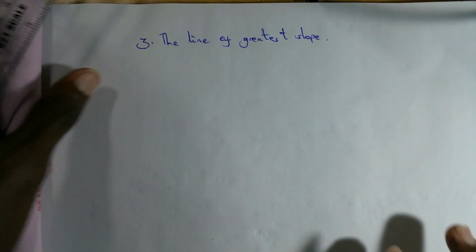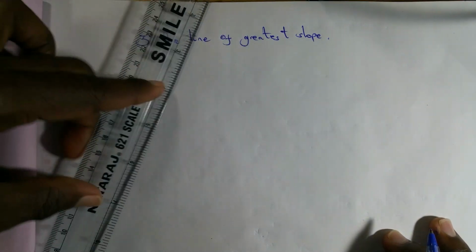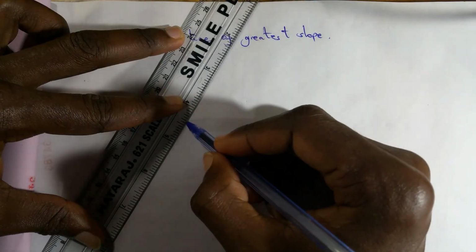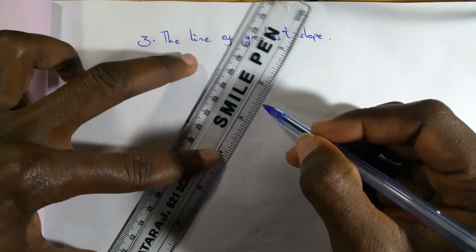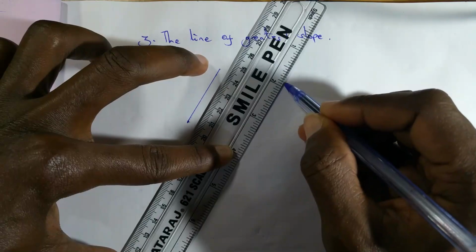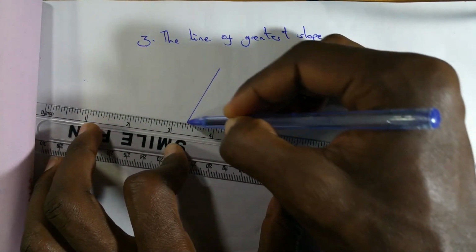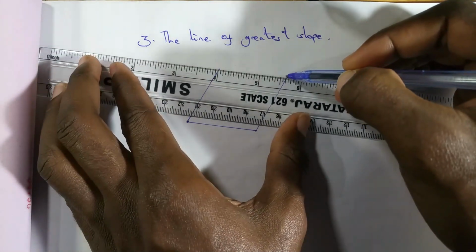Now for this case, we're going to have an inclined plane, whereby let me first try to draw it. Let me have something like that, something like that as well. Try to join here, then we try to join there.